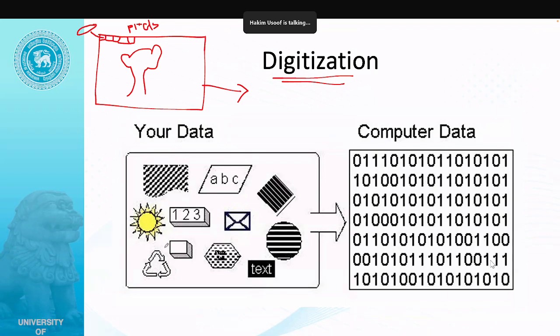So it can be pictures, it can be the temperature, it can be just text that you and I write or type, or the words we talk, or the video we grab with our camera. Emails, letters, anything that we have is basically analog data that we need to digitize so that we can actually store it and use it inside a computer.